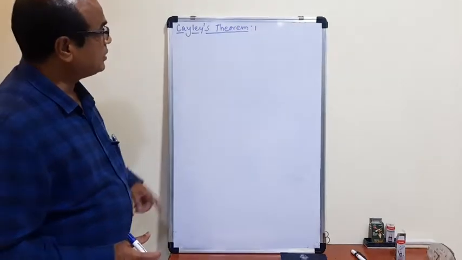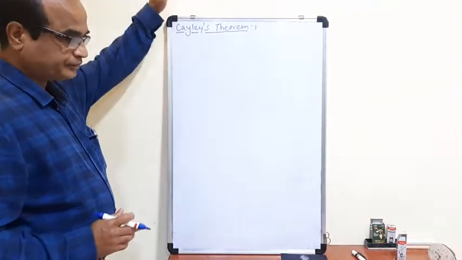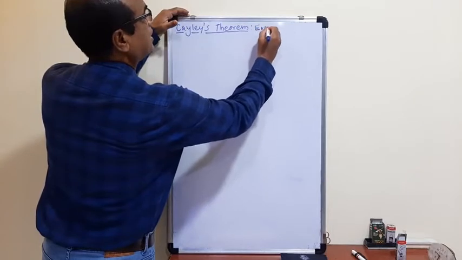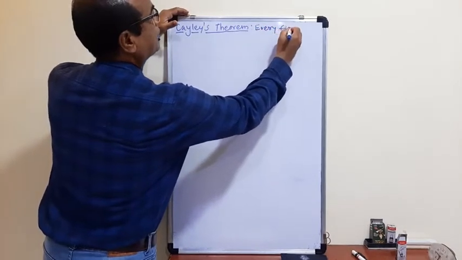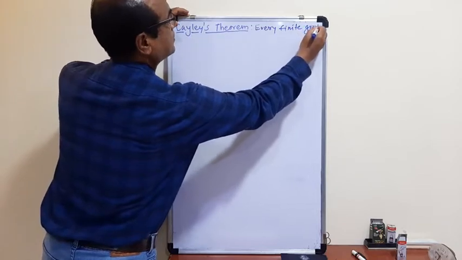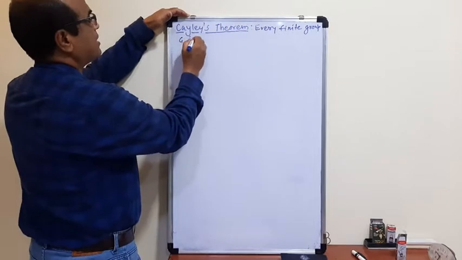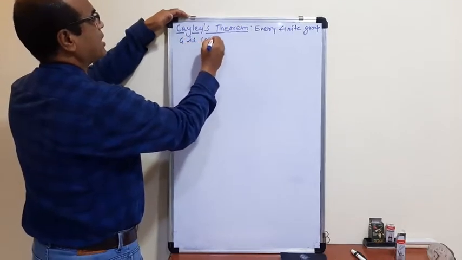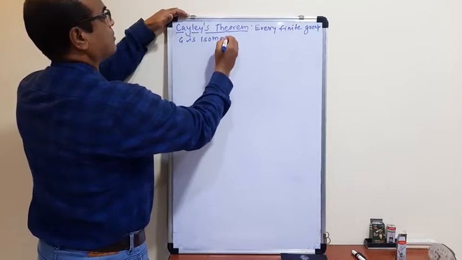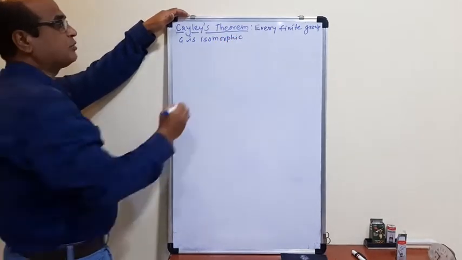Okay. So, in this lecture, we study the Cayley theorem. Every finite group G is isomorphic to a permutation group.